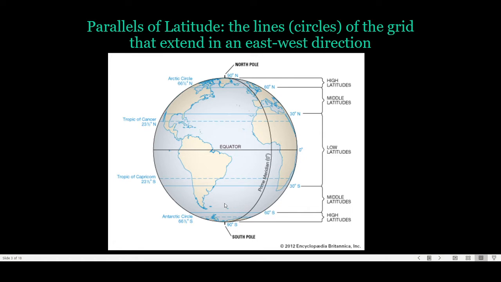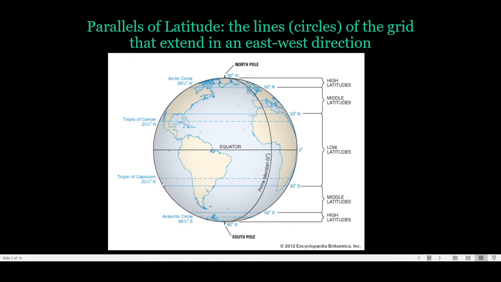I put this diagram specifically so it could help you to answer questions on the special lines of latitude. These are the special lines of latitude: the Arctic Circle at 66.5 degrees north, and the Tropic of Cancer, which is this dashed line, at 23.5 degrees north. Then we have the equator, which is 0 degrees. It's not designated north or south, but everything above is north and everything below is south.